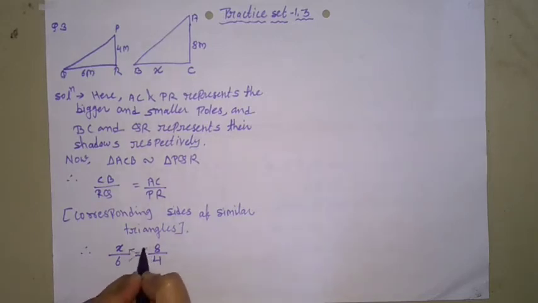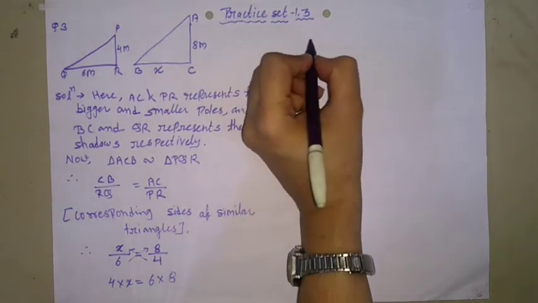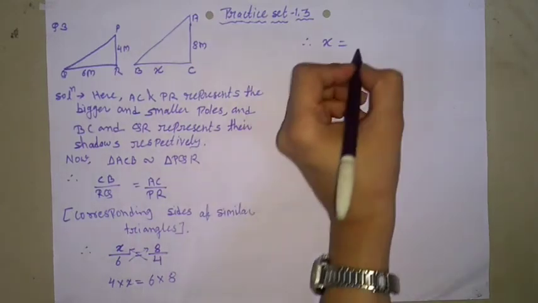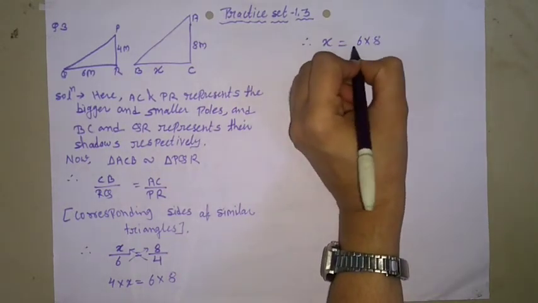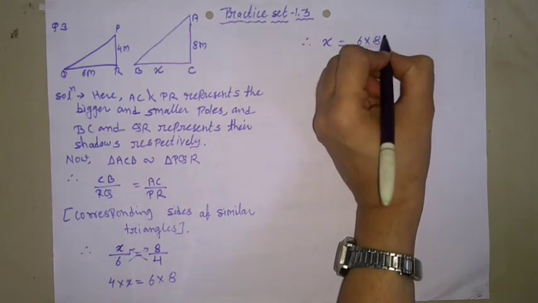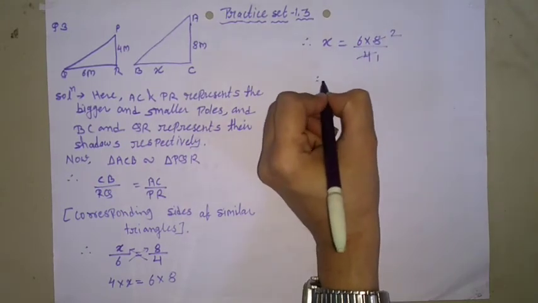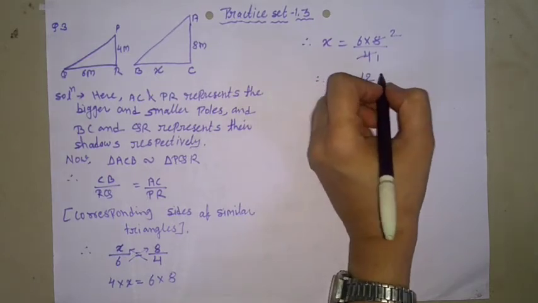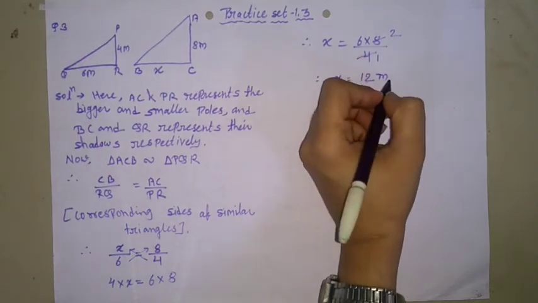By cross multiplication, 4 into X equal to 6 into 8. Therefore, X equal to 6 into 8 divided by 4. 4 ones are 4, 4 twos are 8. Therefore, X equal to 6 twos are 12 meters.